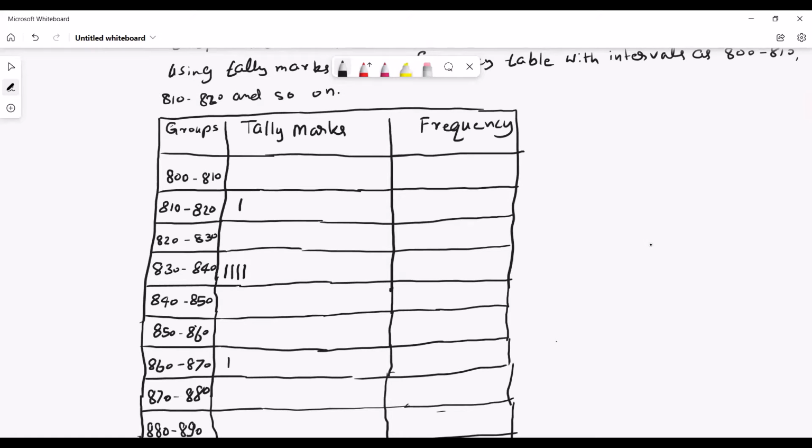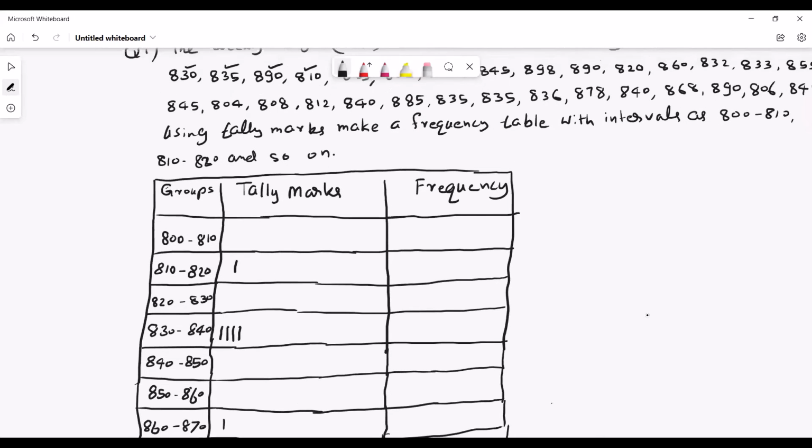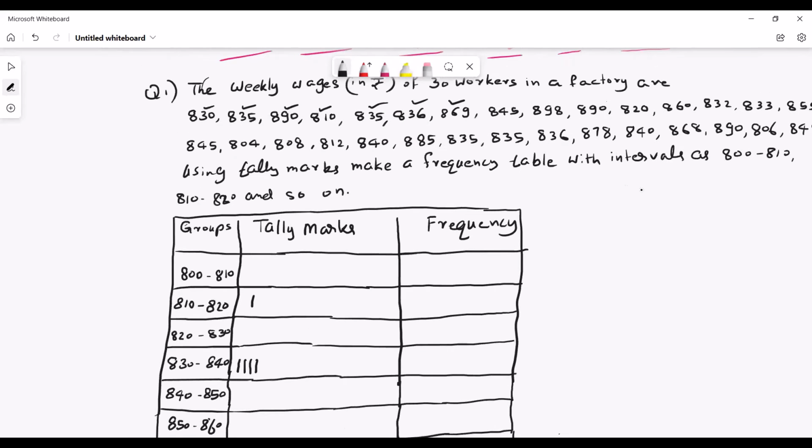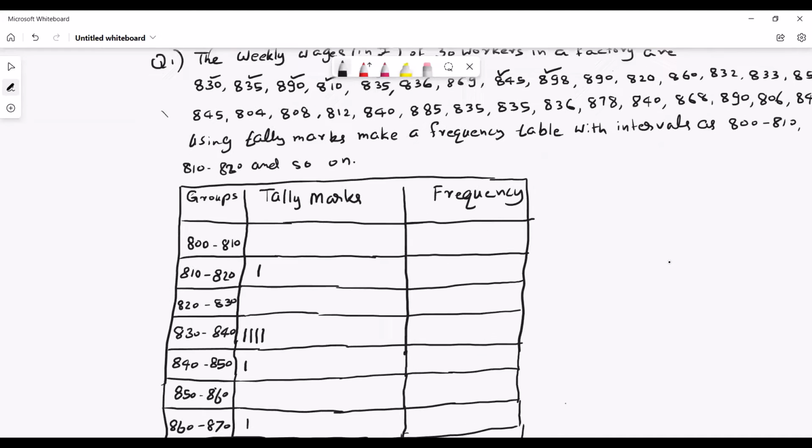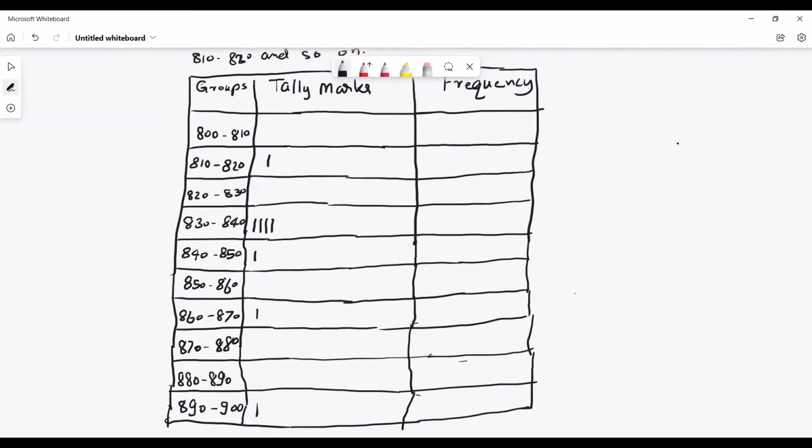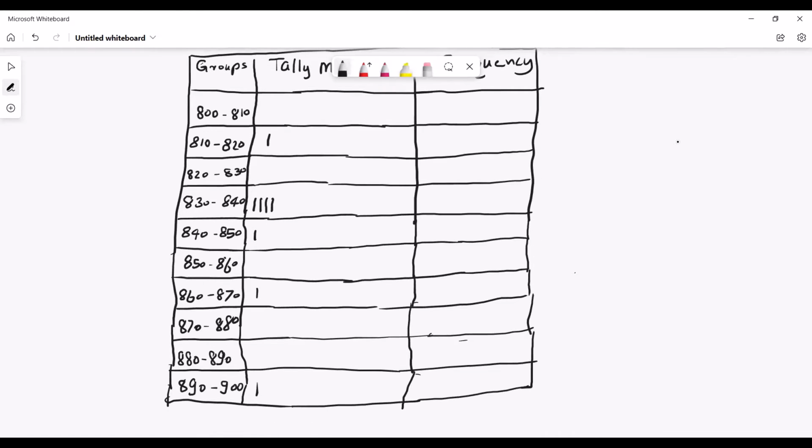And let us see what is the next one. 845 is the next one. So 845 will come here. Now we are having 898. Obviously, it will go in that last row. 898.